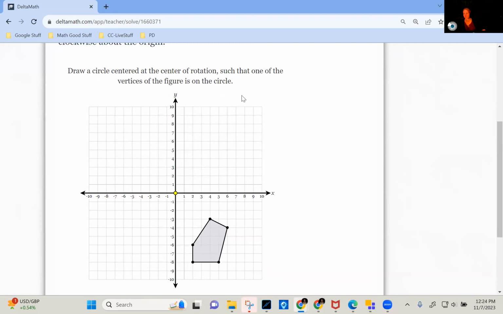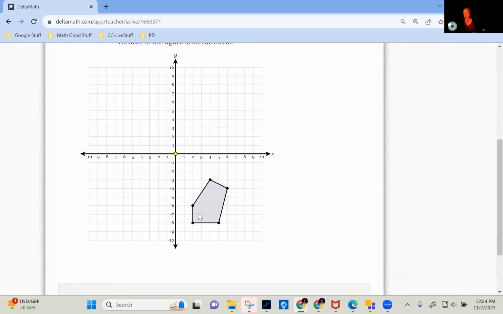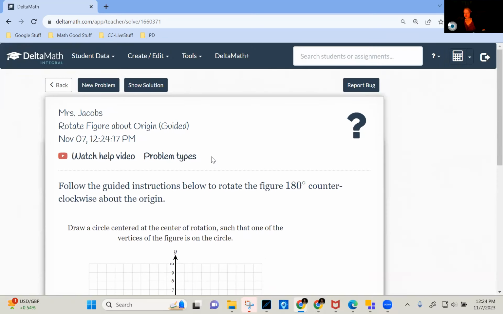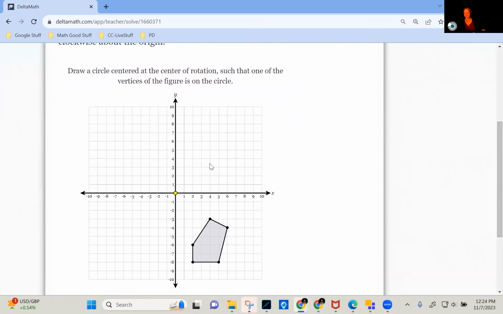Okay. Trying again. This one we're doing 180, so we're going to end up over here. Circle through a point. I don't know why this is so difficult.